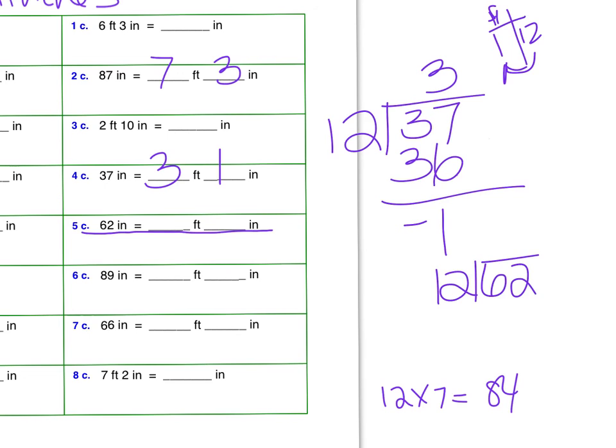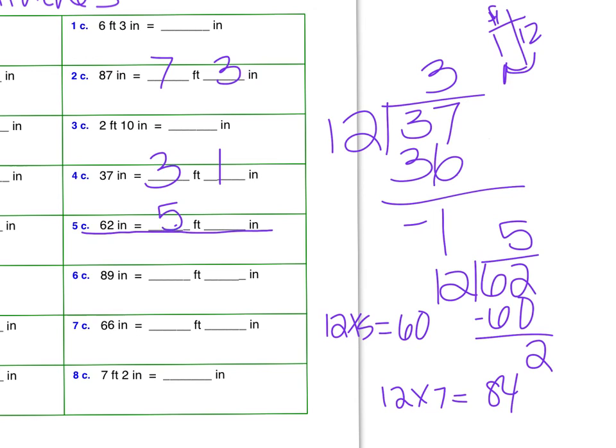So 12 times 5 is as close as we can get without going over. 12 times 5 is 60. And when we subtract, we get 2 left over. In other words, I was able to get 5 groups of 12 out of 62. Those are my 5 feet, 12 inches in a foot. But I had 2 inches left over here, and that's my remainder.